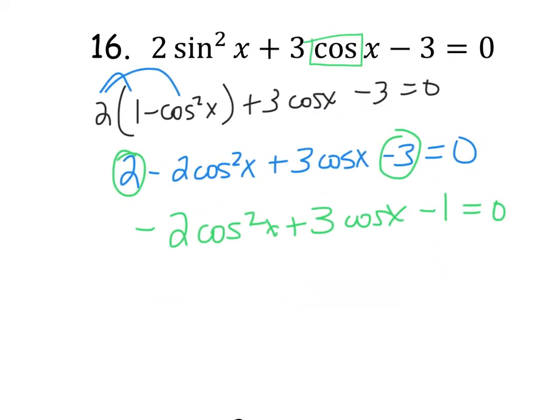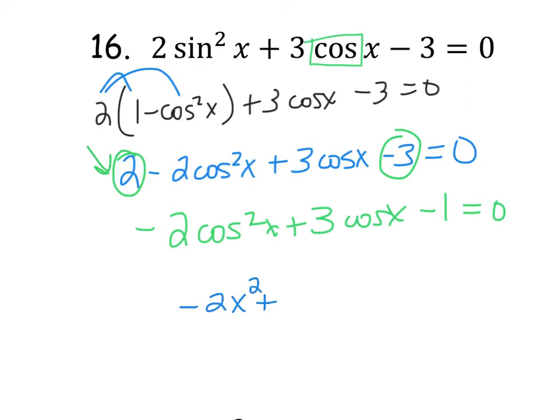Same trig functions? Why does the 2, when you multiply it out, stay on the outside? 2 times 1 is 2. And then 2 times negative cosine squared gives you that negative 2 cosine squared, yep.